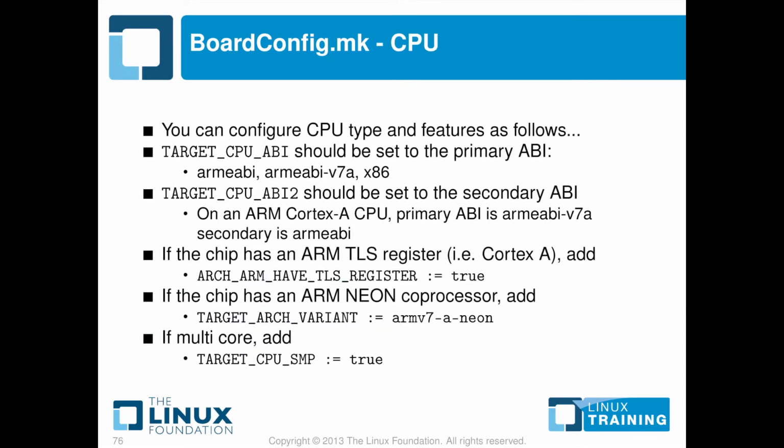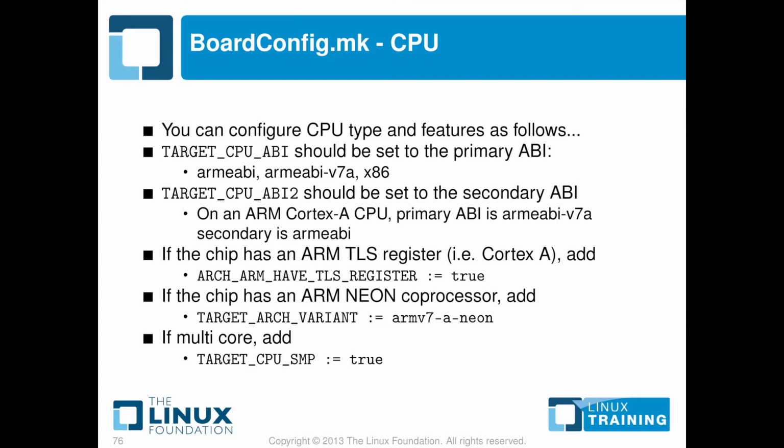So, for example, for the CPU, you define what CPU architecture it is, which can be ARM EABI, ARM EABI v7a, x86. If it's an ARM Cortex-A processor, you probably want to add in the TLS register equals true thing. And likewise, if your processor has a Neon coprocessor, you can add in a further statement to enable that.